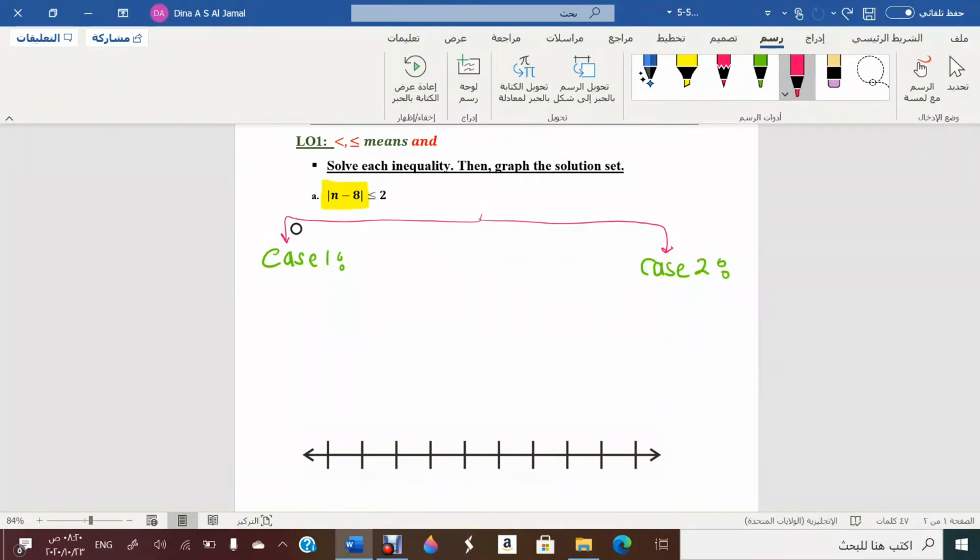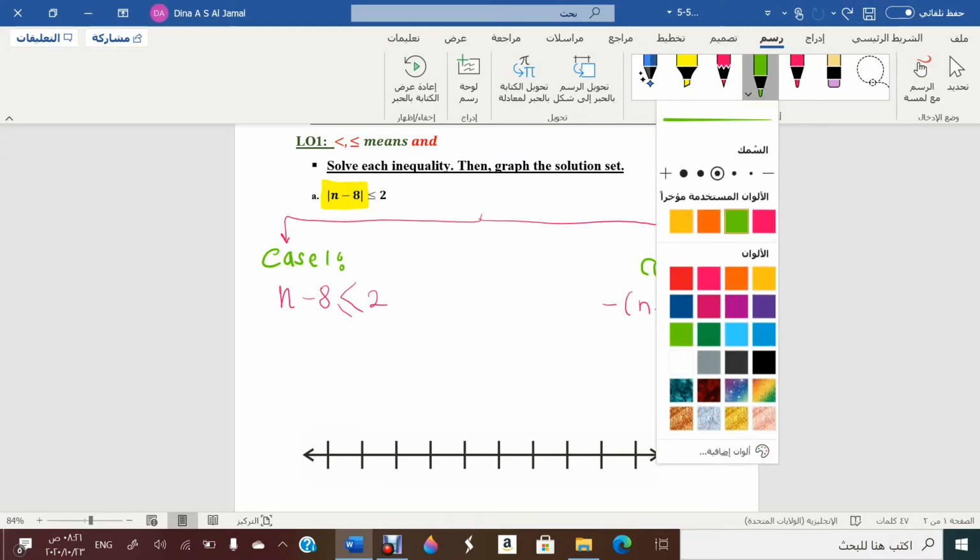For case 1, we will be taking whatever inside the absolute value as positive, with keeping the same inequality, and the other case we will be taking whatever inside the absolute value with negative, with putting brackets. We will be solving each of them alone.